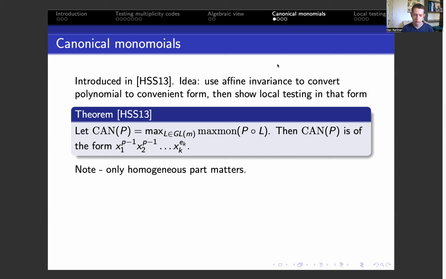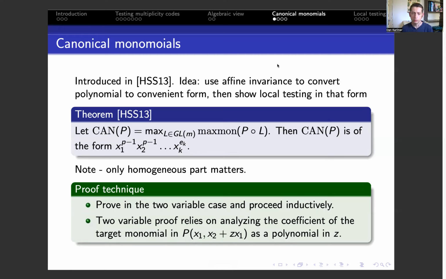This is because since we're looking at the degree-lexicographic ordering, anything of the highest degree will always beat anything of a lower degree, and things of lower degree cannot affect the highest degree. So we know our canonical monomial will be of the degree of the polynomial, and the question is just which monomial in that degree it will be. So we only need to look at the homogeneous part of the polynomial.